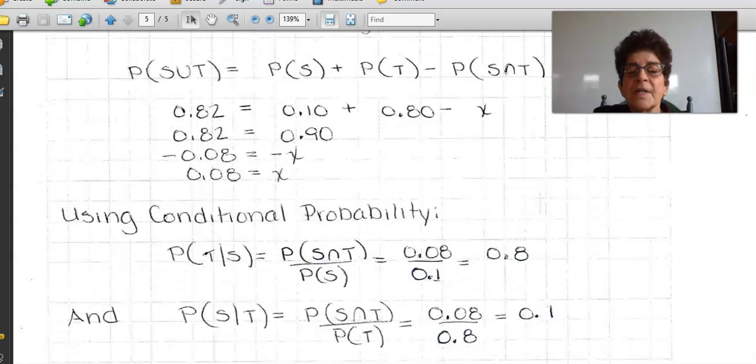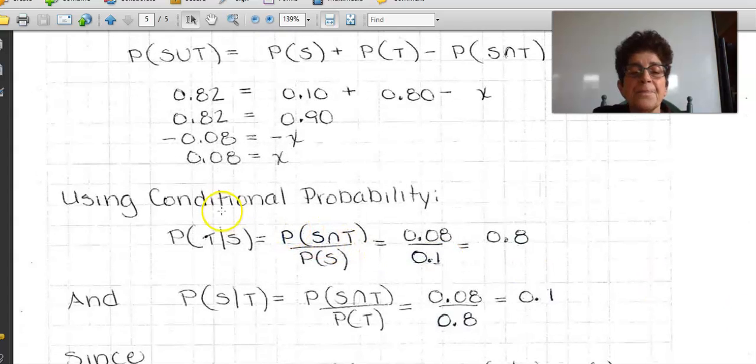Now let's use our conditional probability. Okay, the probability of a traffic jam given that it snowed is the probability of them both occurring together on top, that's the 0.08, and the probability for snow on the bottom, that's the 0.1. That turns out to be 0.8, which you might remember was the probability of T by itself, a traffic jam.